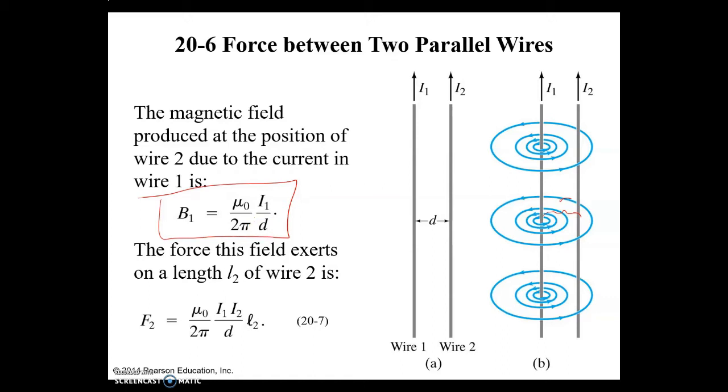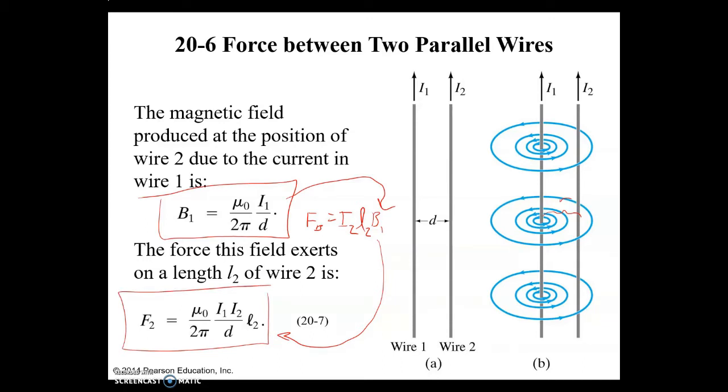Then we plug that into the magnetic force on wire 2, which would be current 2 times the length of the wire times the magnetic field which is generated by current 1. If you substitute this in, then your result is this equation down here.